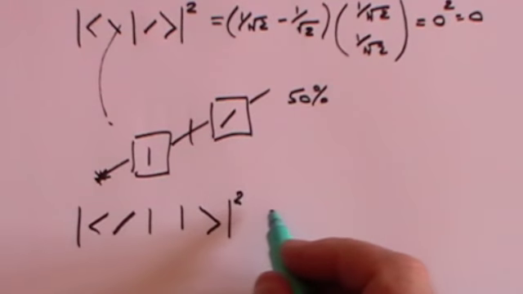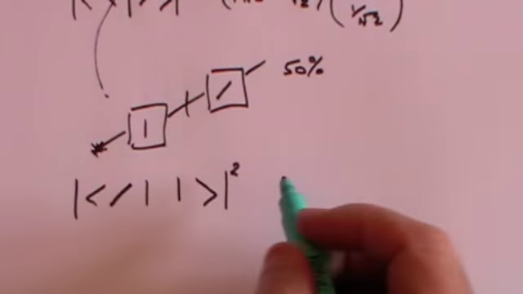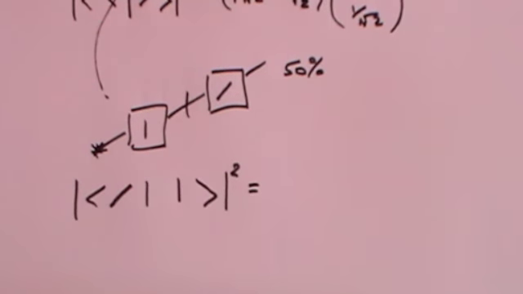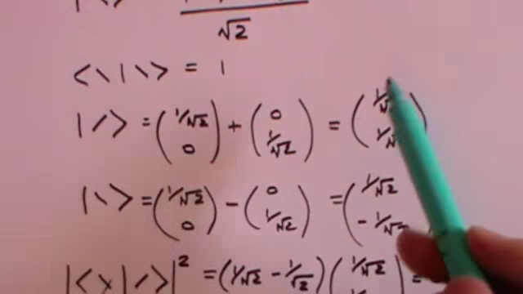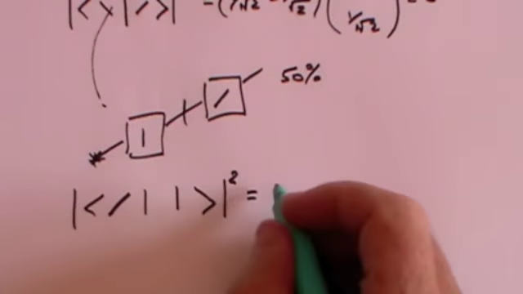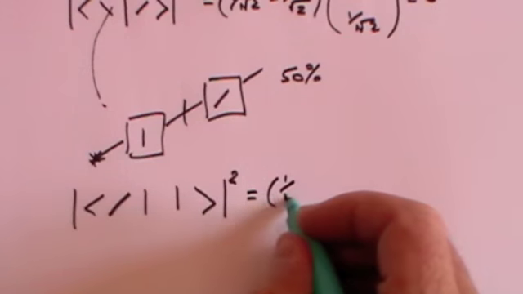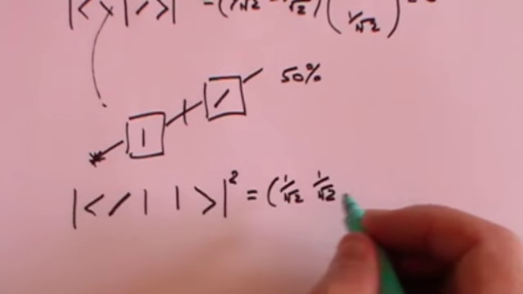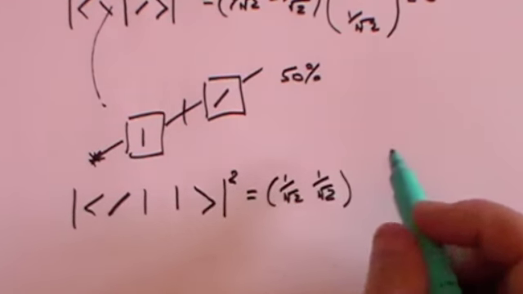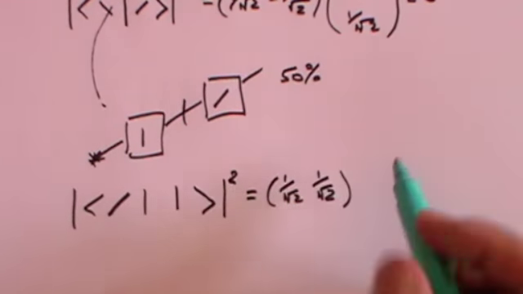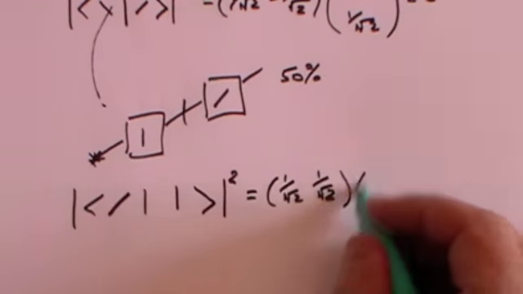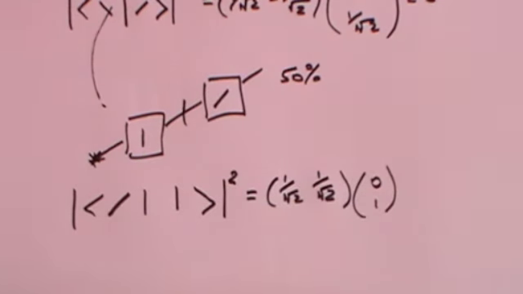So that will be equal to, well, the forward slash, remember, was represented as 1 over root 2, 1 over root 2, and that has to be in row form, so 1 over root 2, 1 over root 2, multiplied by the vertical vector, and remember the vertical vector was represented as 0, 1.